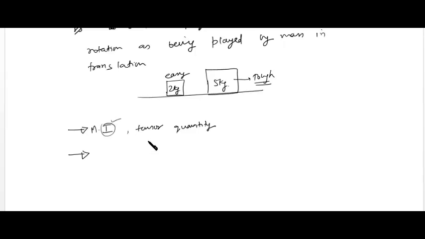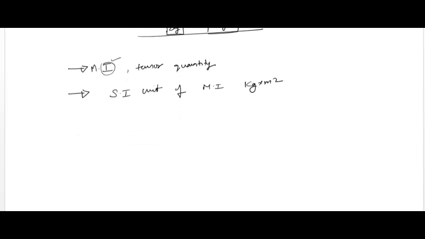We can define moment of inertia for different kinds of objects, like discrete mass systems and continuous mass systems, which we'll deal with later on. For the time being, the SI unit of moment of inertia is kg meter square. Now our major task is to calculate moment of inertia of different objects.